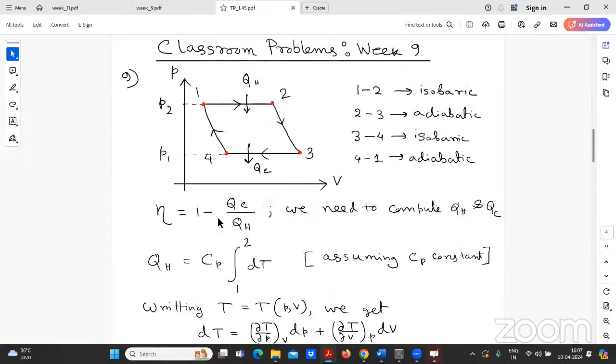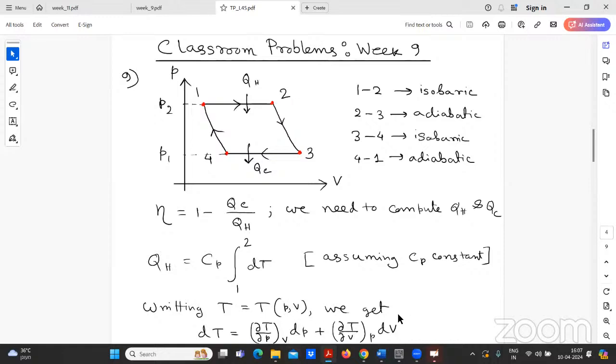And then what we did was, see, here P1 and P2 are given and nothing else is given. So we have to express the integrand dT in terms of temperature only. So we took temperature as a function of pressure and volume, and because it's an isobaric process, the dP term will be equal to 0.